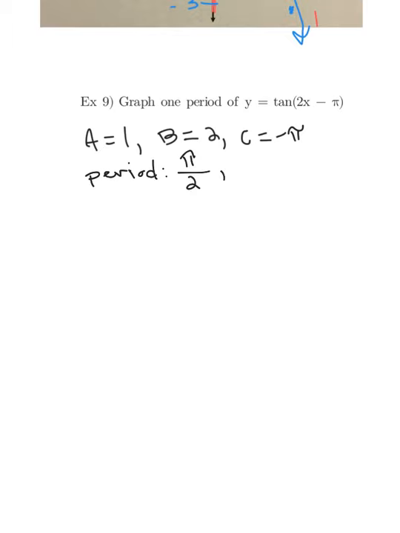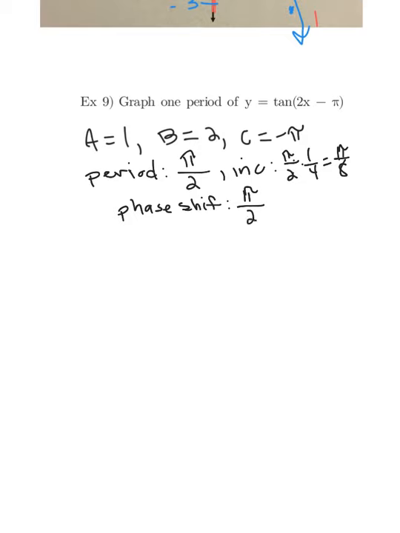Our increments will be pi over 2 times 1/4, which is pi over 8. Our phase shift. We are going to have a phase shift this time because we have a C. You do the opposite of your C, so we're going to do positive pi divided by B, which is 2.